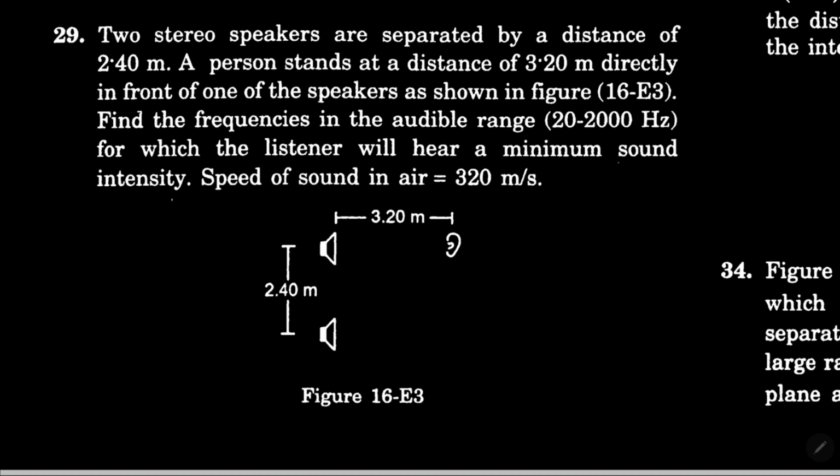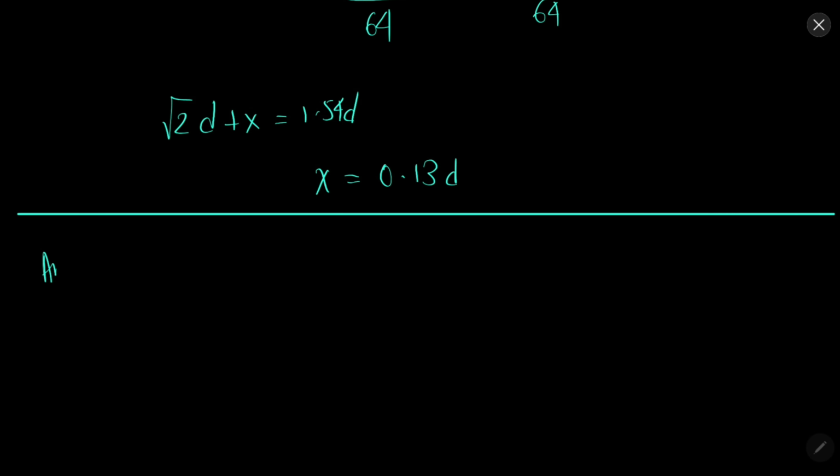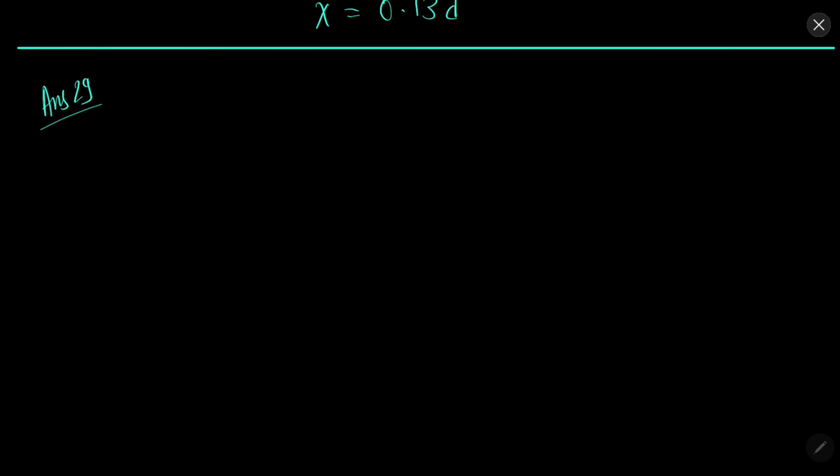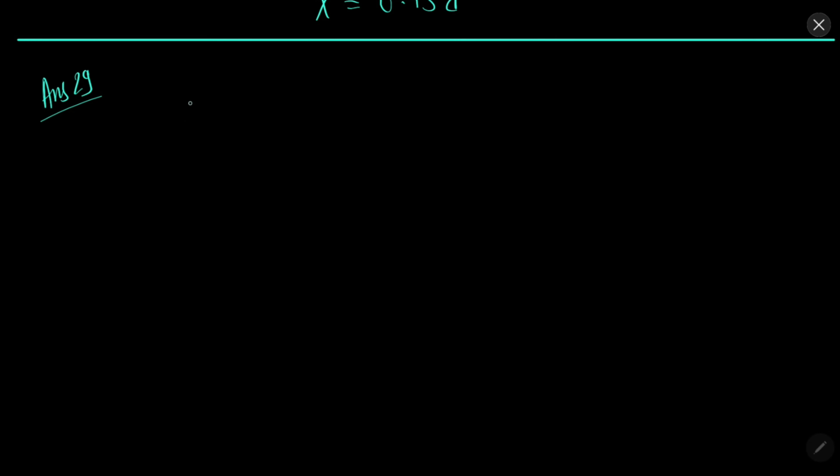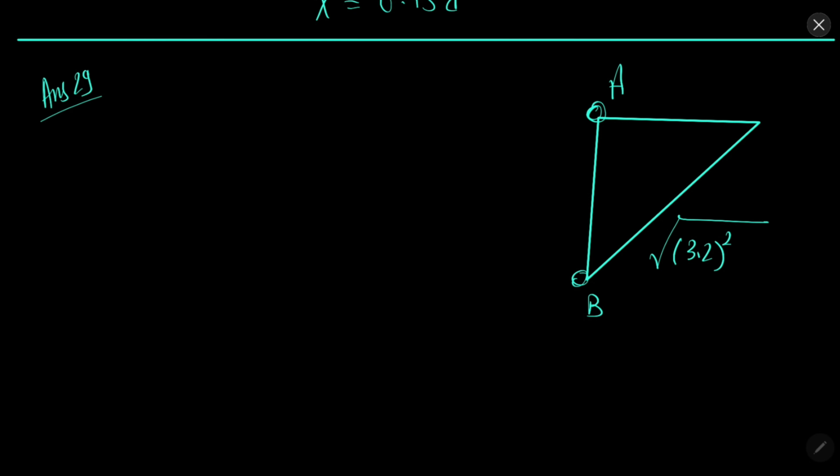In question 29, two stereo speakers are separated by some distance. Find the frequency in audible range for which the listener will hear a minimum sound intensity. Solution 29. So the figure will look something like this.